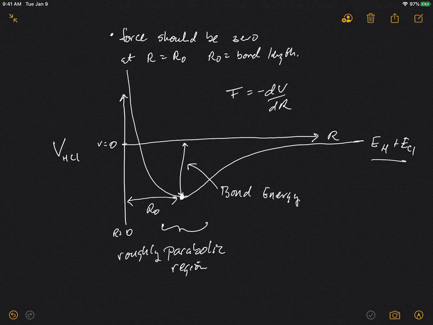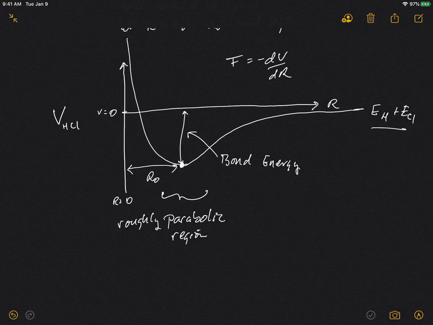In this case, outside of this parabolic region, there's a pretty substantial deviation from parabolic behavior. But as it turns out, most molecules are in the lowest energy vibrational state, and there may be some infrared transitions taking you to the first excited vibrational level, the V equals 1 level, so we're down near the bottom of that parabolic region.